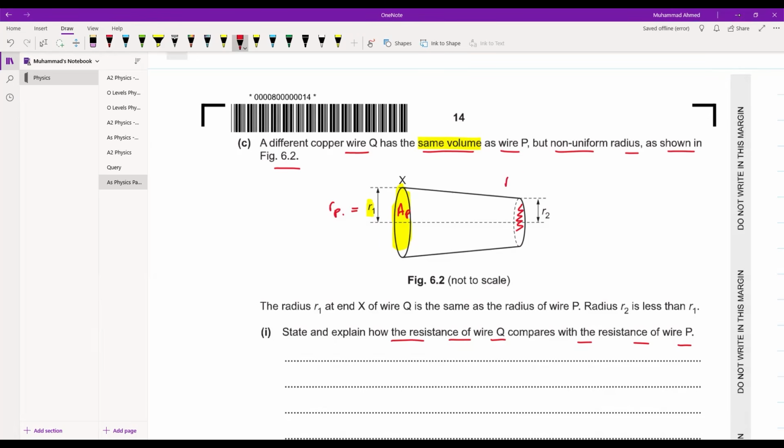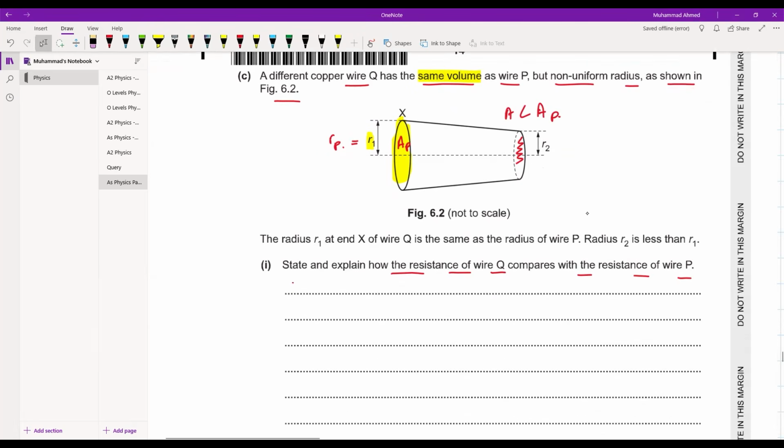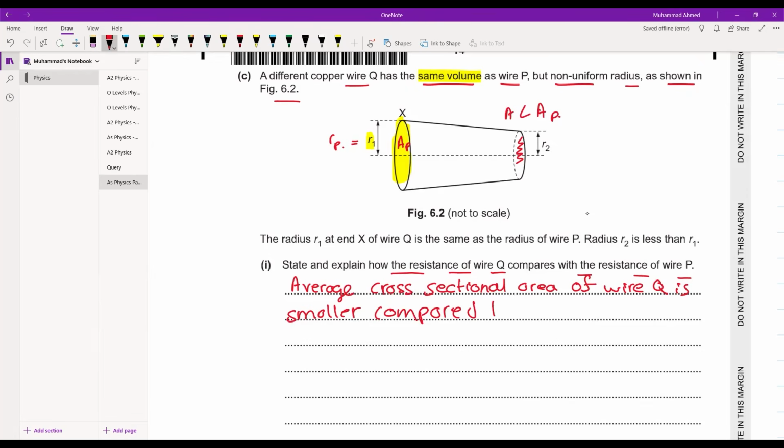This area is much less than the area of wire P. Hence, you can say here, यहाँ पे आप कह सकते हो कि average cross-sectional area, because if I add up both the faces, if I calculate the average cross-sectional area of wire Q is smaller compared to wire P.